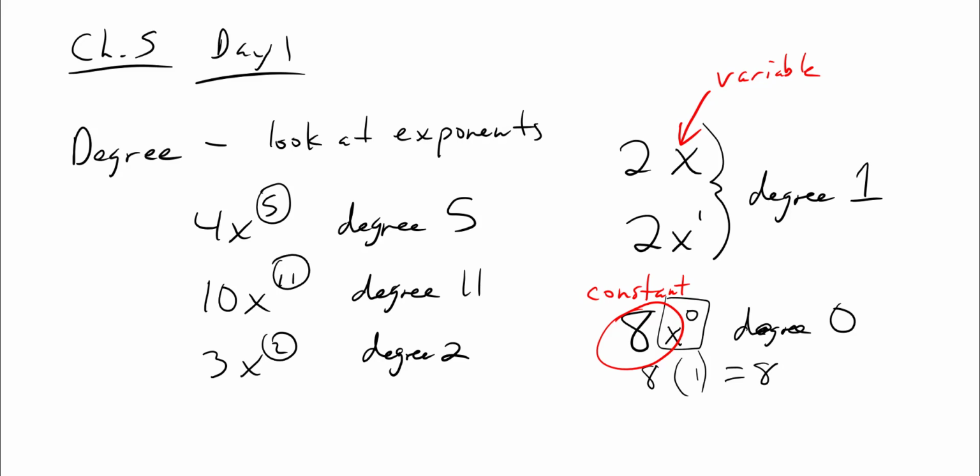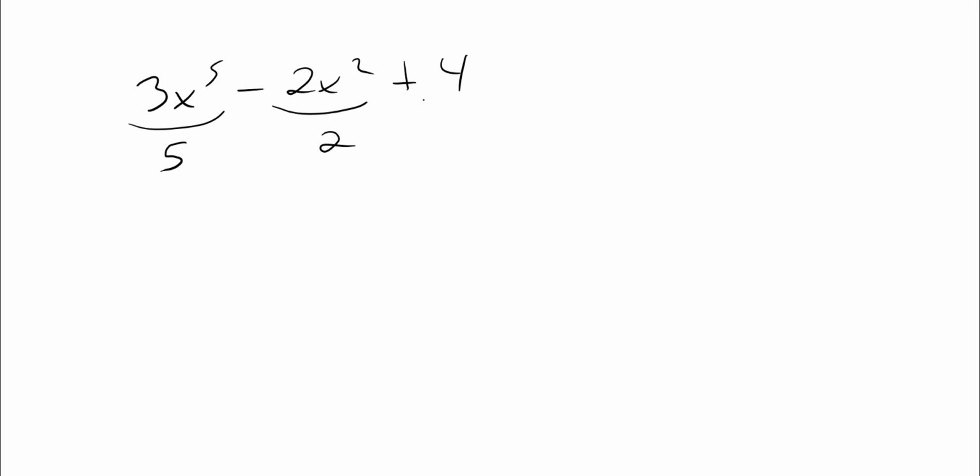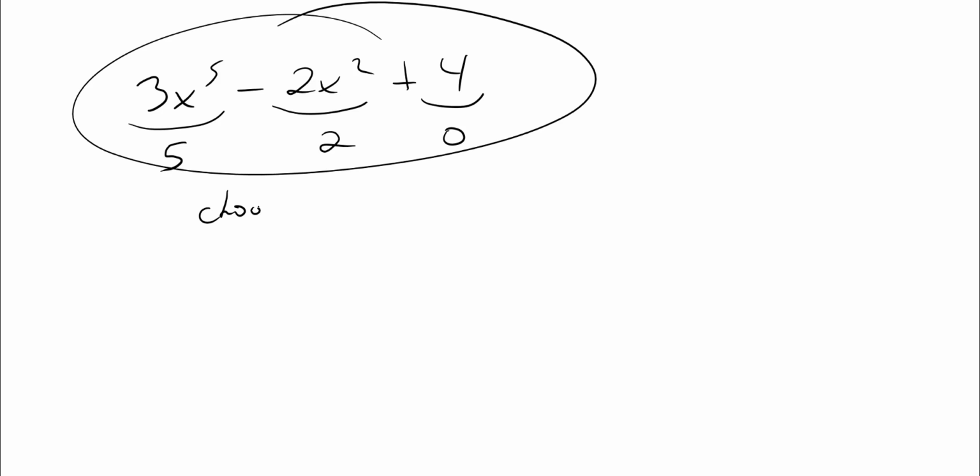So let's look at a bunch of terms together. If I look at 3x to the 5th minus 2x squared plus 4, do you agree this term is degree 5, this one is degree 2, and this is degree 0? When you're looking at the whole thing, you choose the highest degree, and that's going to be the degree for the whole thing, which in this case is 5.